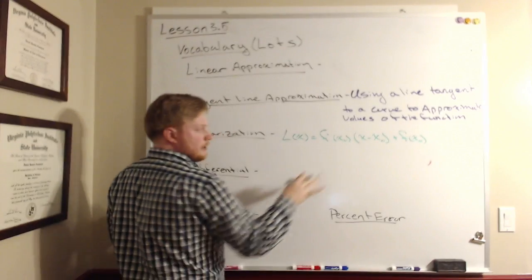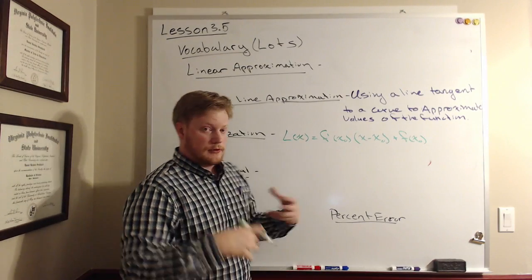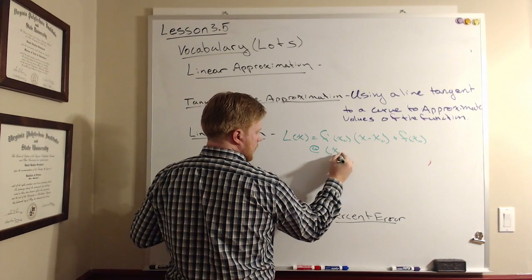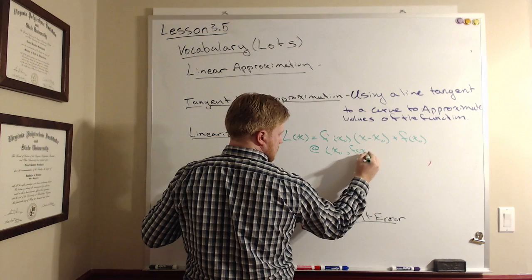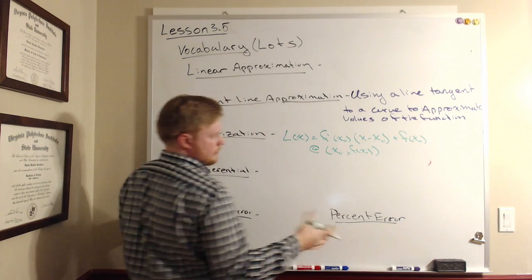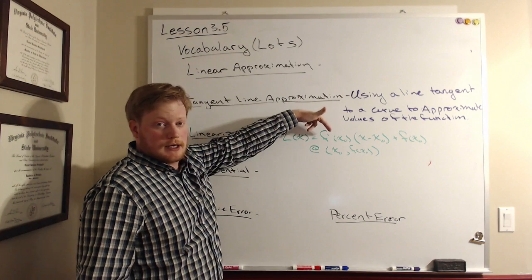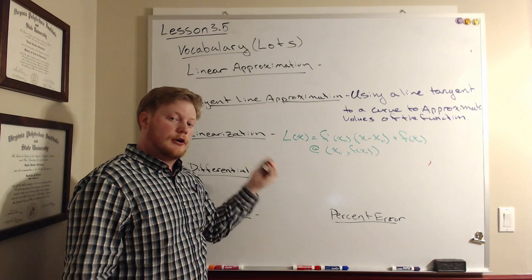And all that is an equation for the line tangent to the curve at the point x naught, f of x naught, where f prime of x naught is just the slope of the curve at that point.